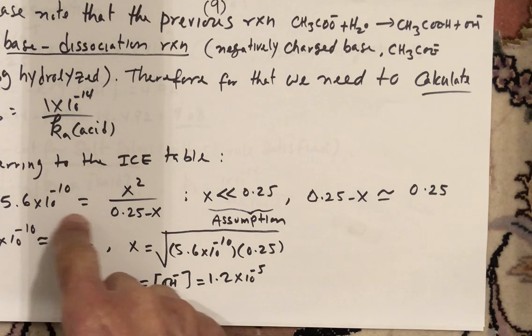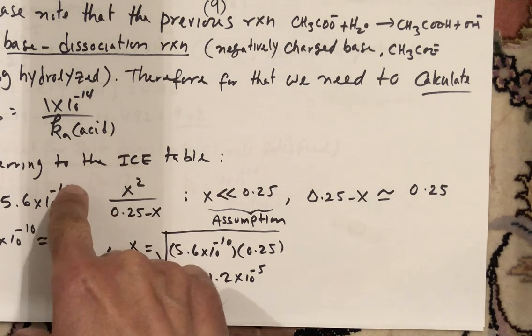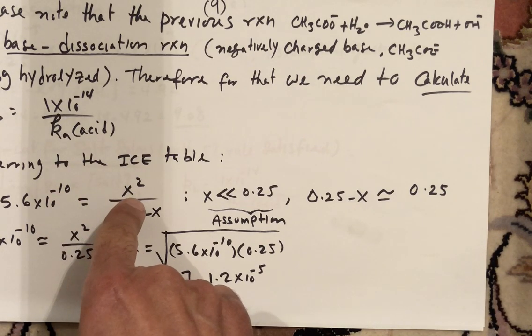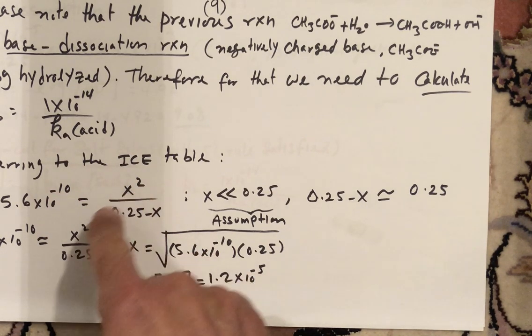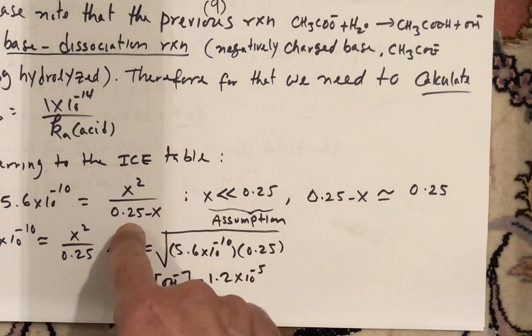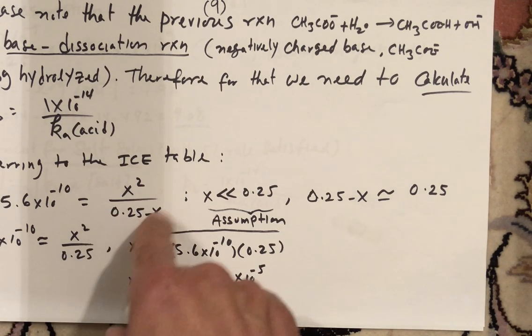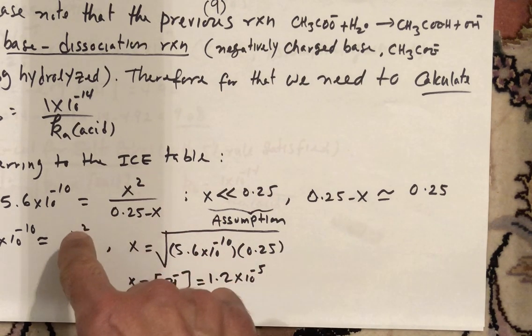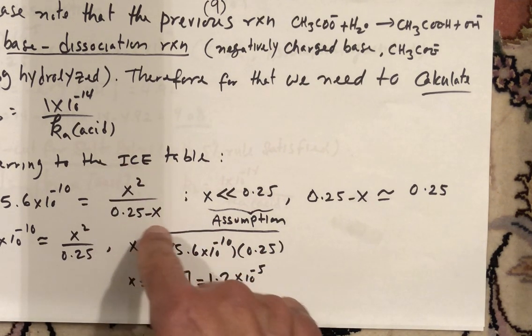So the Kb is basically 5.6 times 10 to the negative 10, which was already calculated on the previous page. So that is equal to x squared divided by 0.25 minus x. Now that comes from the ICE table. These are equilibrium concentrations in the E row of the ICE table.